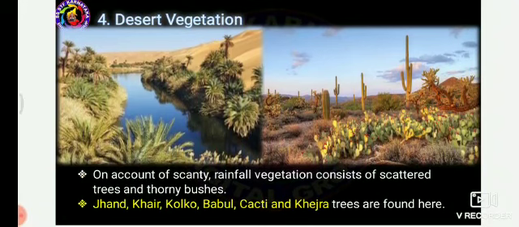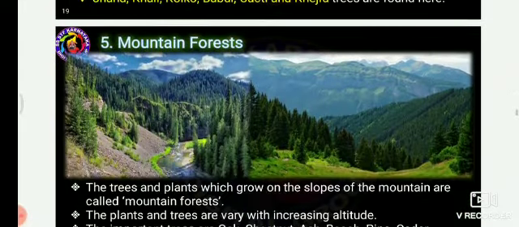In desert regions there is scanty rainfall, that's why vegetation consists of scattered trees and thorny bushes. Plants like jand, kikar, khejra, babul, and cacti are grown in desert vegetation.